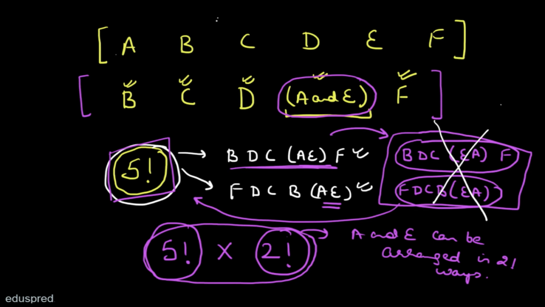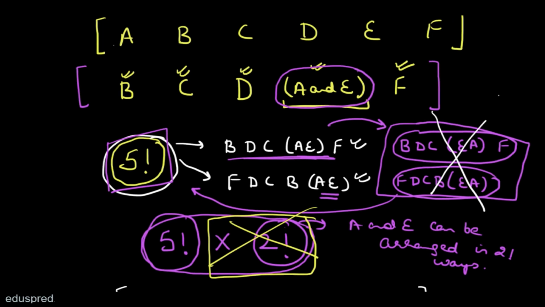So in part B, your answer would be 5 factorial and you will not have this 2 factorial. So the answer for part A is 5 factorial multiplied by 2 factorial, because in part A you can interchange the places of A and E, and the answer of part B is only 5 factorial because in part B you don't have the liberty to interchange the places of A and E.